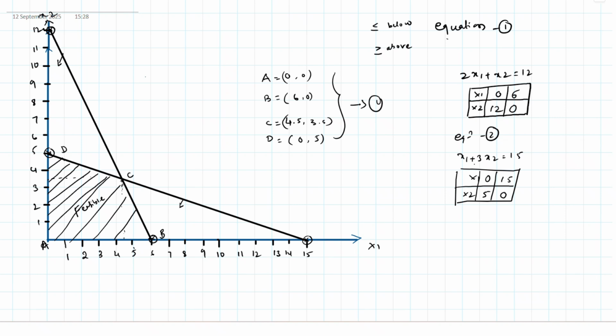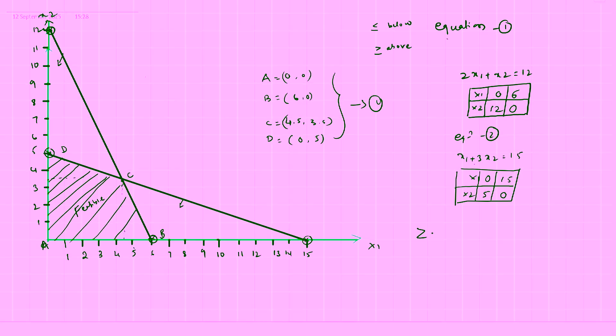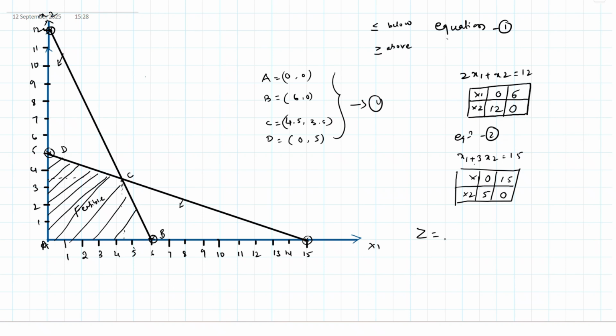Now we'll substitute these values into the z function, the objective function we have, substituting the values of x1 and x2. For ZA, if I substitute the A corner values, the optimal solution is going to become 0. For ZB, the value of Z will become 2 into 6, which is 12, because x2 is 0 here.